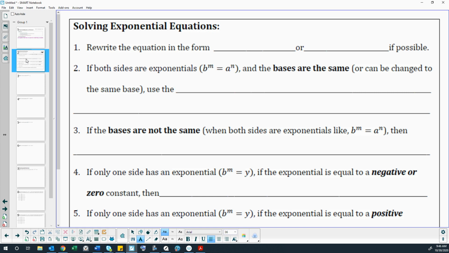We're going to go through a checklist of things that will help us know how to solve an exponential equation. First thing to do is to rewrite the equation in the form either an exponential that equals an exponential, or an exponential that equals a number.